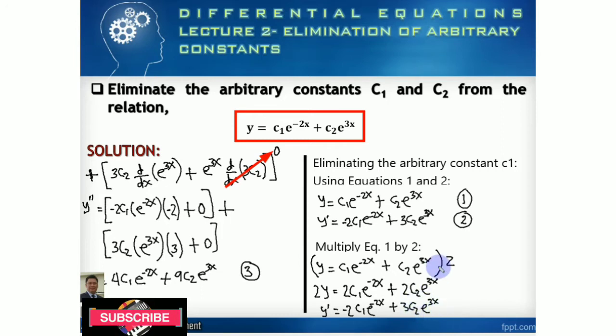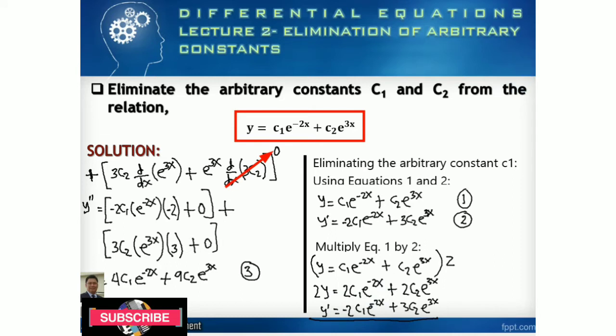Okay, so actually here we can eliminate our C1. If we add 2y equals 2c1 times e raised to the power of negative 2x plus 2c2 e to the 3x to the equation below, the y prime, then c1 is eliminated.